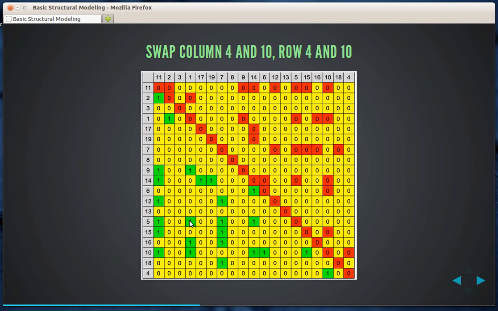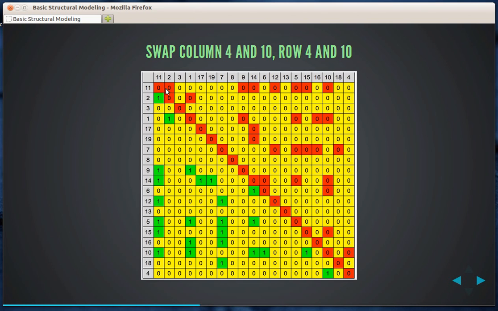The green ones, that's empirical data. We actually sampled the real world and we found out, is city 11 north of city 2? Yes, it is. Is city 11 north of city 9? Yes, it is. So these green ones are empirical data.